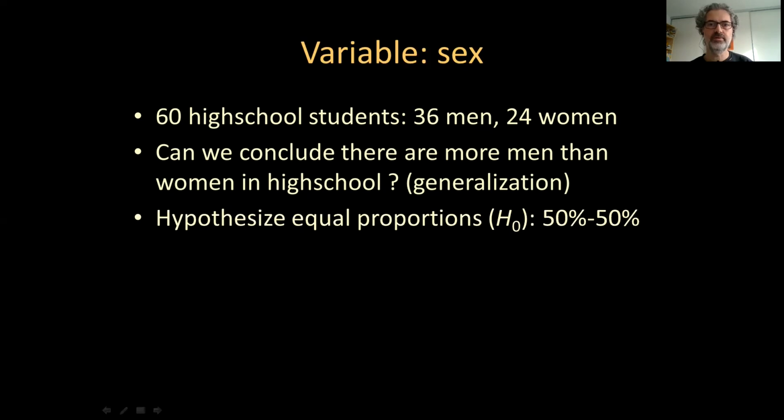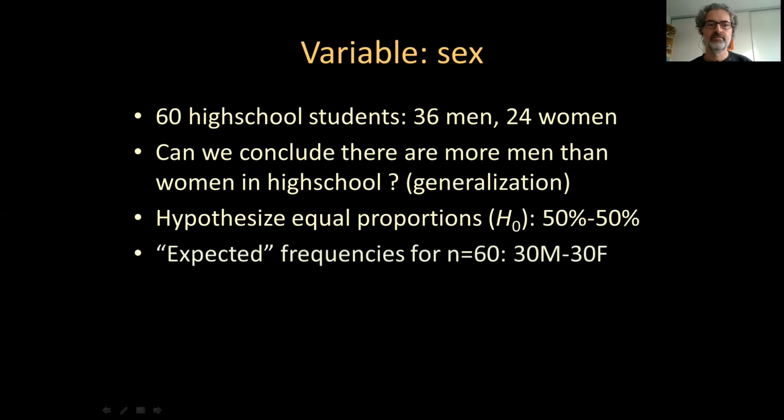No difference in proportions means equal proportions. So our null hypothesis is that there are equal numbers of men and women in this high school, 50-50. If there are equal proportions, then the expected numbers for a sample of size 60 would be 30 men and 30 women. That's equal proportions.